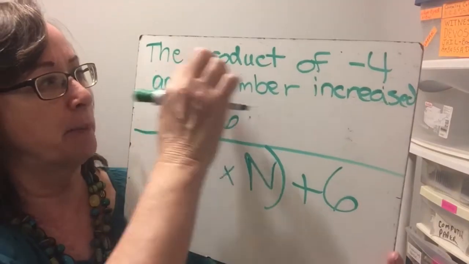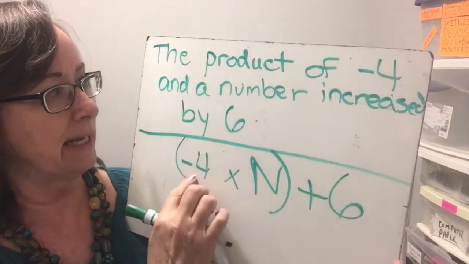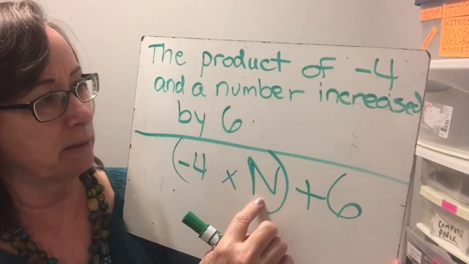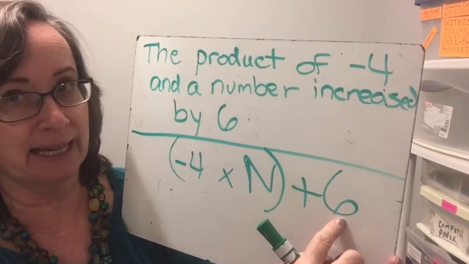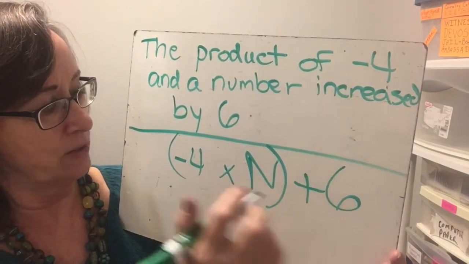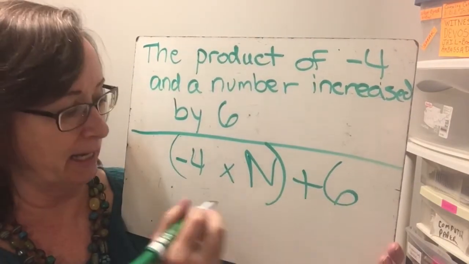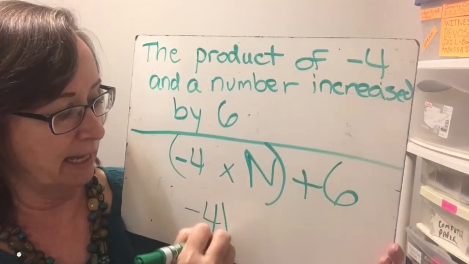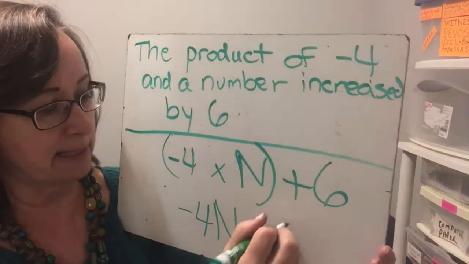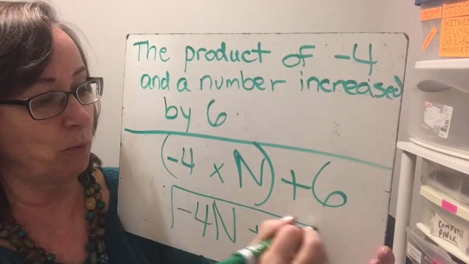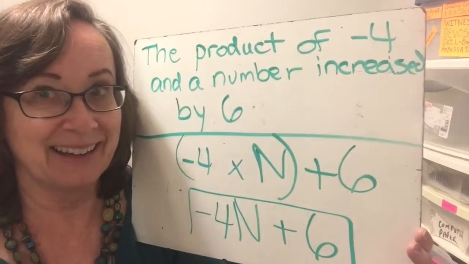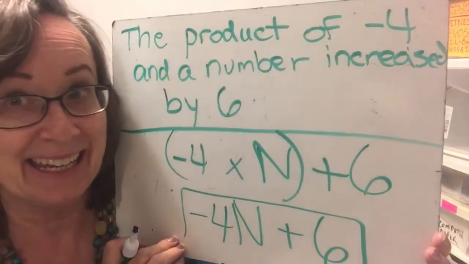The product of -4 and a number increased by 6. So since we have a -4 and an n, it could be -4n plus 6. And we are done with lesson 89.